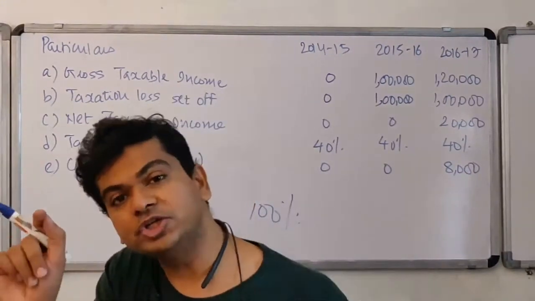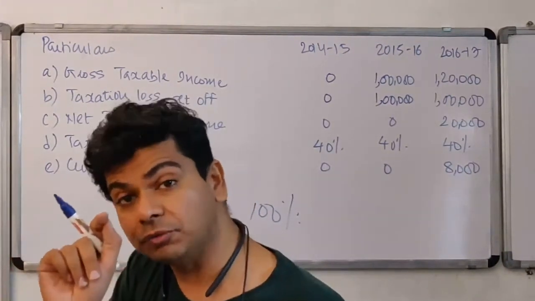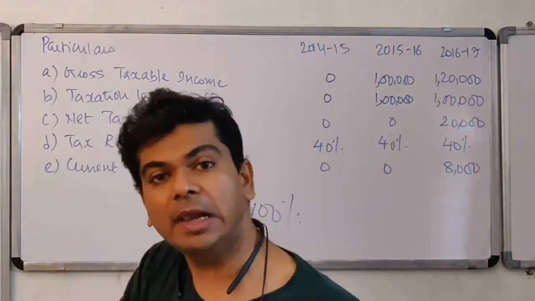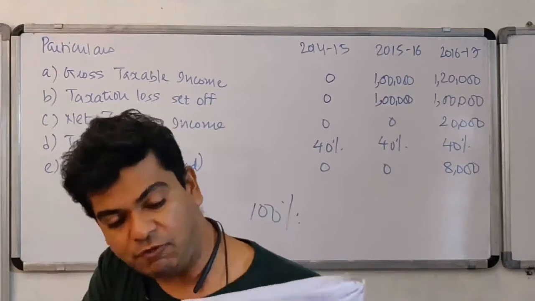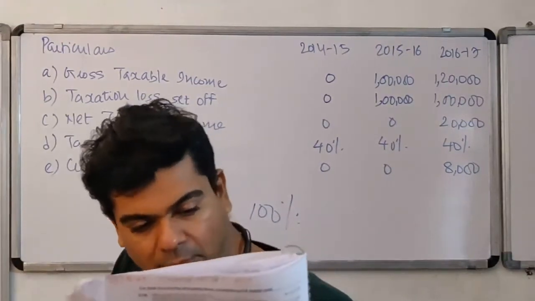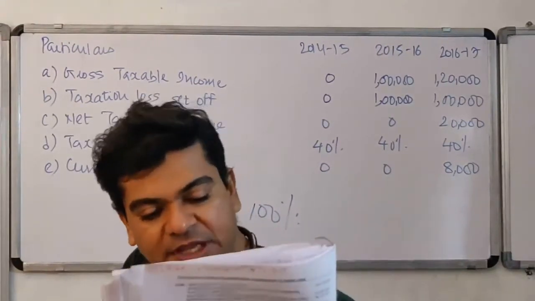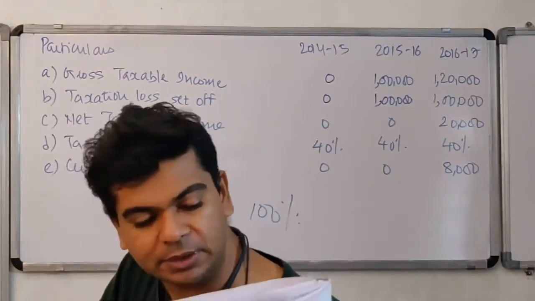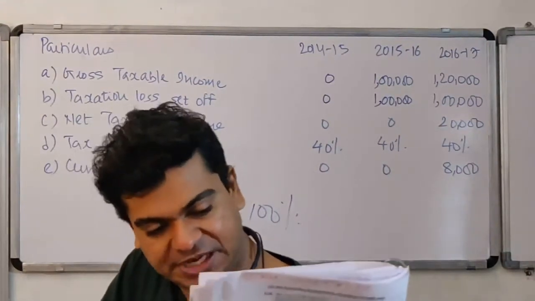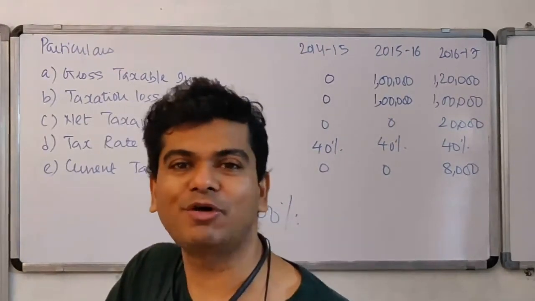If you see this question carefully, there is certain use of language which will help us. See, after the tax rate of 40%, they are saying, by the end of 31st March 2015, the company feels that there will be sufficient taxable income in the future years against which carry forward loss can be set off.